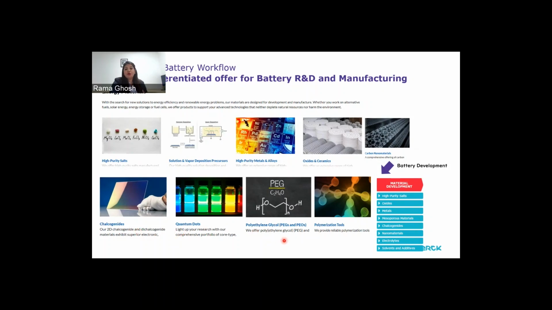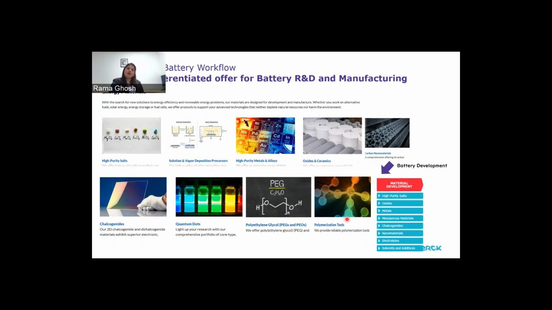Polyethylene oxide, PEO, is a widely used polymer electrolyte, so we have different versions of PEO, whether higher molecular weight or functionalized. Other than PEO, we have PAC, which is less than 10,000 molecular weight. Then polymerization tools.